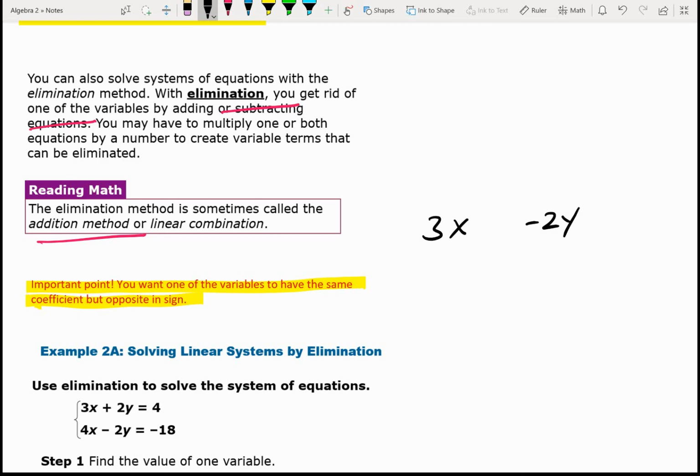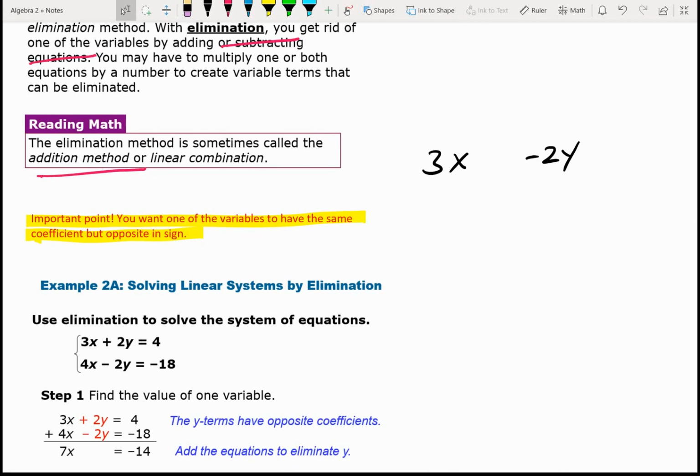You want them to be the same but opposite in sign. That way, if you have a 3x and a minus 3x and you add, you get 0. If you have a negative 2y and a positive 2y and you add, you get 0. So they'll be eliminated. So you want the coefficients to be the same but opposite in sign.